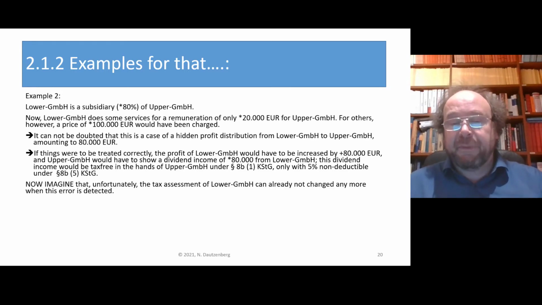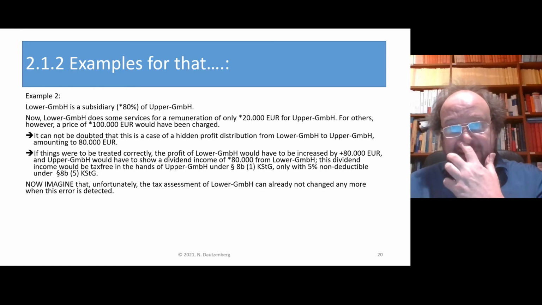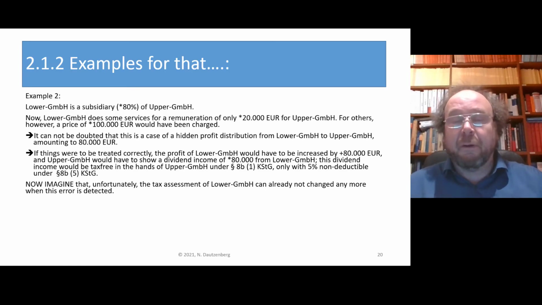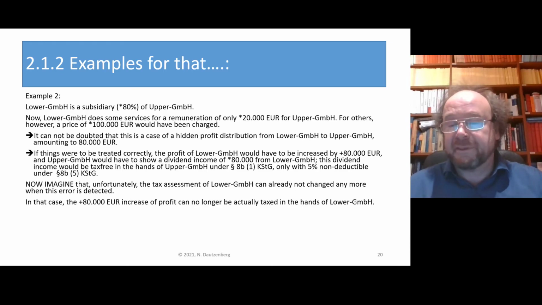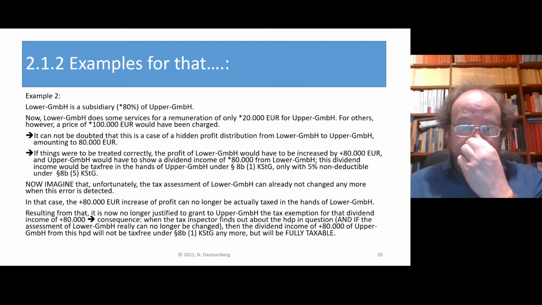Now imagine, unfortunately, the tax assessment of lower GmbH went wrong. Nobody realized there that 20,000 was too low a price. So nobody saw there the hidden profit distribution. And let's imagine no tax fraud, just a genuine error. They didn't think about it, were distracted, or didn't know the market prices correctly, and so on. In that case, the 80,000 were never taxed in the hands of lower GmbH.